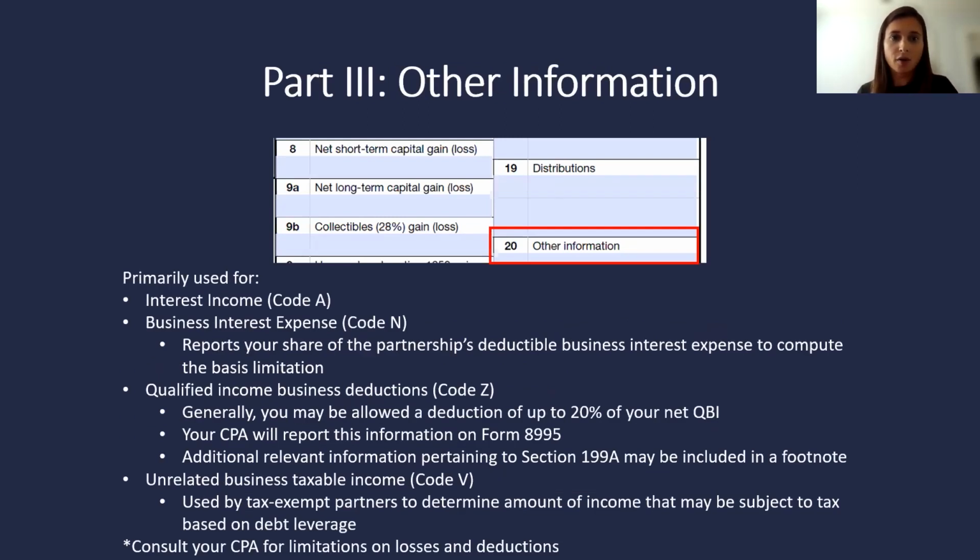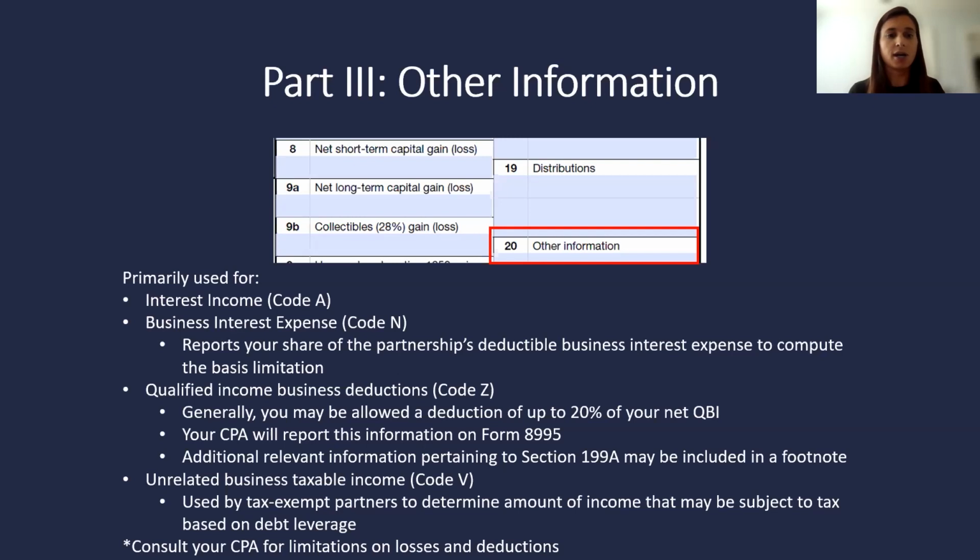Lastly, I'd like to go over the other information section of part 3, just highlighting what we typically see from a Schedule K-1 from a multifamily investment. The IRS has a kind of cheat sheet that shows all these codes.